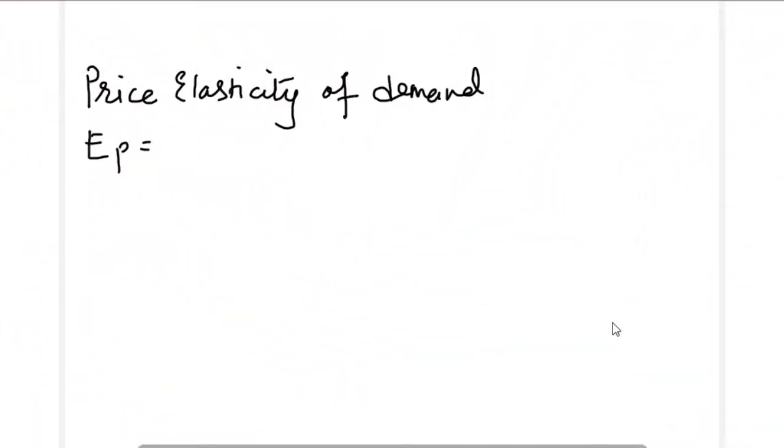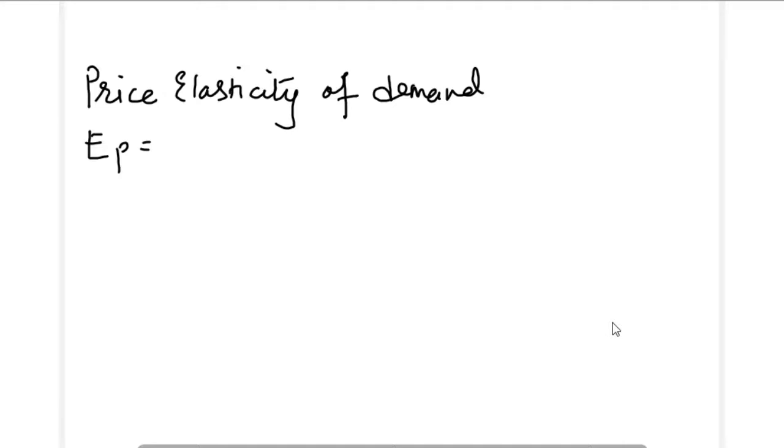Let us now understand how to calculate price elasticity of demand. As we are aware, the price elasticity of demand measures the responsiveness of quantity demanded to the change in the price of a commodity.